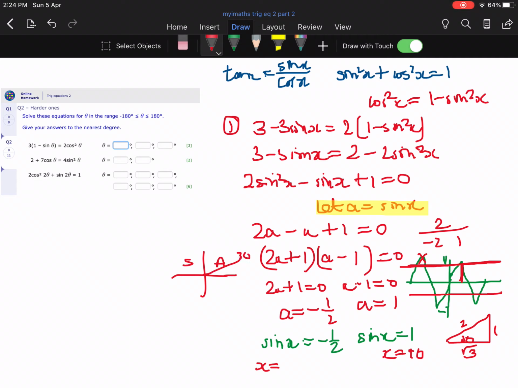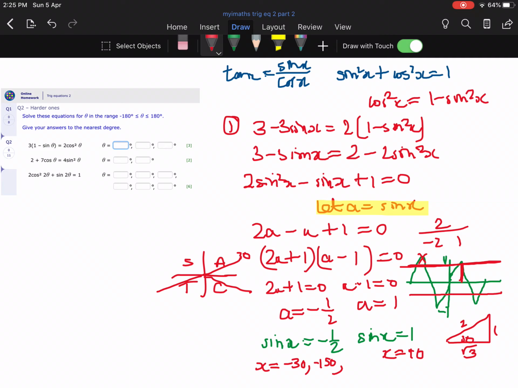So here's 30, but I don't want that one. I want the two negative quadrants, so it's going to be in here and going to be in here. It's going to be negative 30. It's going to be 180 plus 30, which isn't going to work. It's 360 minus 30 is not going to work. Those are going to be outside of the range. So that means it's going to be negative 180 plus 30, which is negative 150.